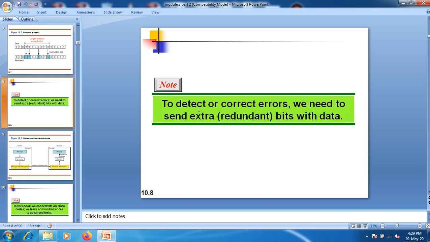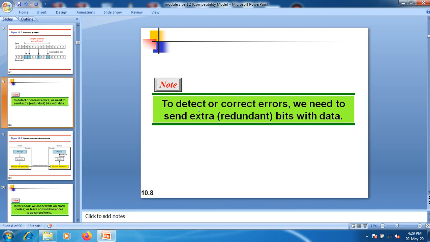Either it may be a single-bit error or a burst error. In forward error correction, we try to guess the correct word that was transmitted or sent by the source. It is possible if the bit errors are very small.